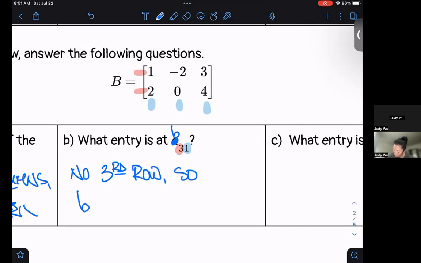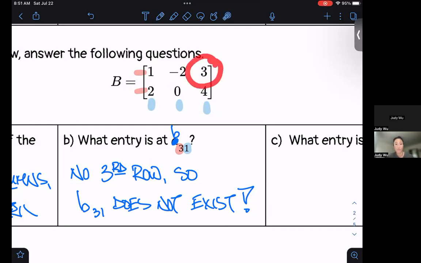So B31 does not exist. Okay. And I wanted to show us this problem because I think it's important that we realize we have to be able to count the row and we have to be able to count the column. And if we switch those numbers, right, it's not the 3rd row and the first row and the 3rd column. That might be 3, but it's the 3rd row and we don't have one. So it's okay to say that it doesn't exist.